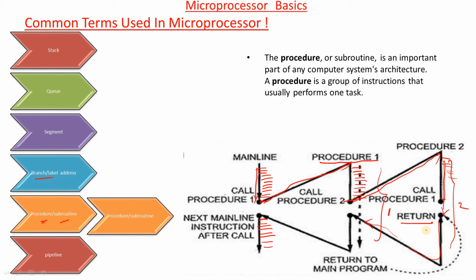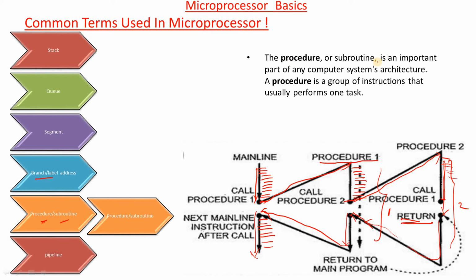After completion of procedure 2, with the help of the return instruction, the cursor goes back to the previous procedure, that is procedure 1. So again it executes the remaining instructions. Again with the help of the return instruction, the cursor goes back to the mainline program and it continuously executes the remaining instructions like this. Okay.